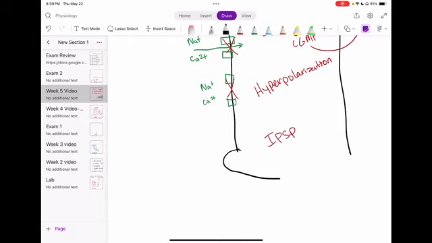So as we come down here to our photoreceptor, we have all of these neuroreceptors that do not have the chance to synapse.